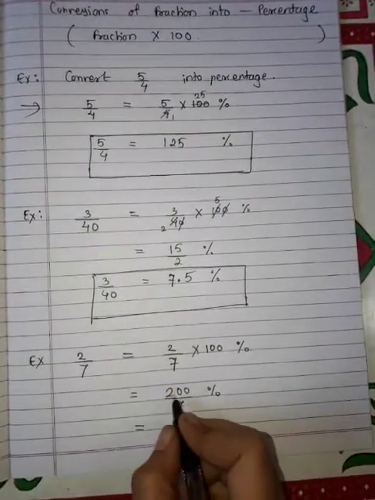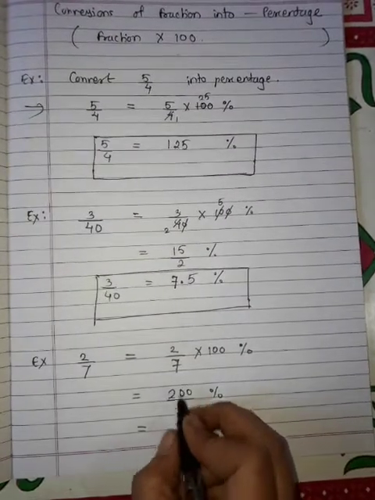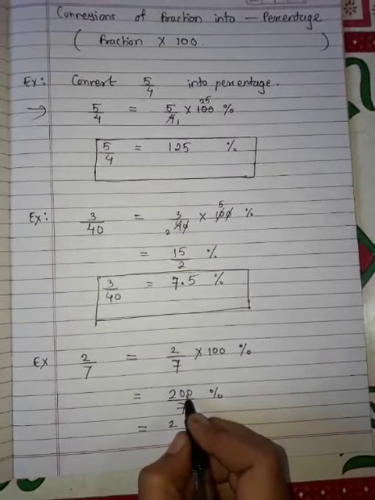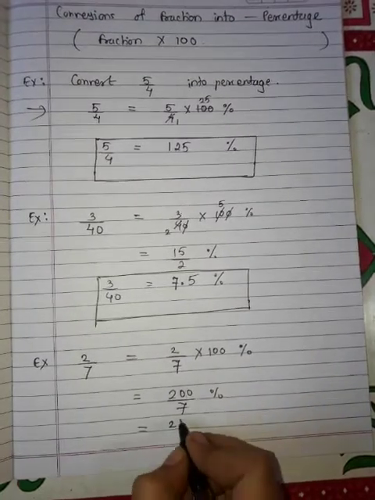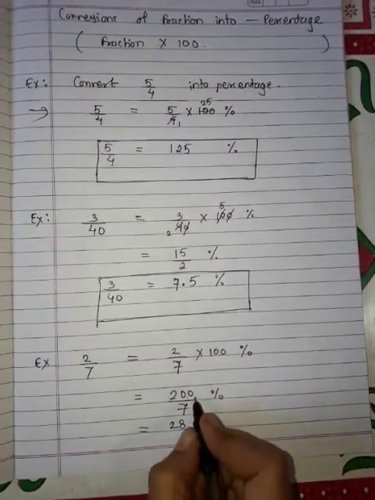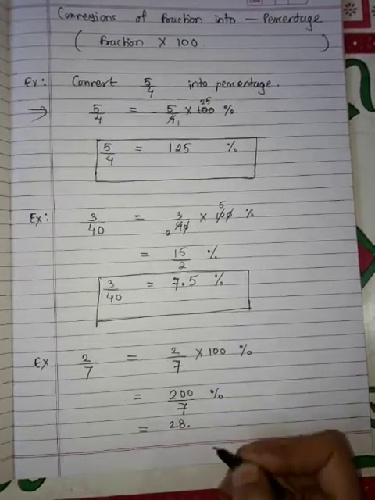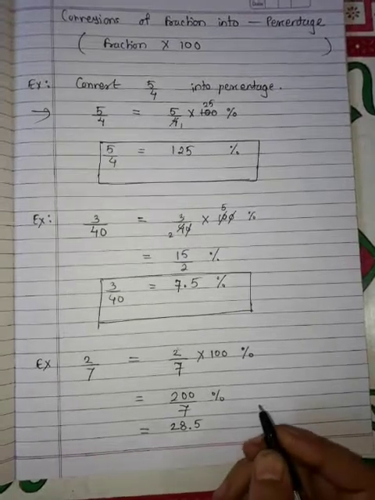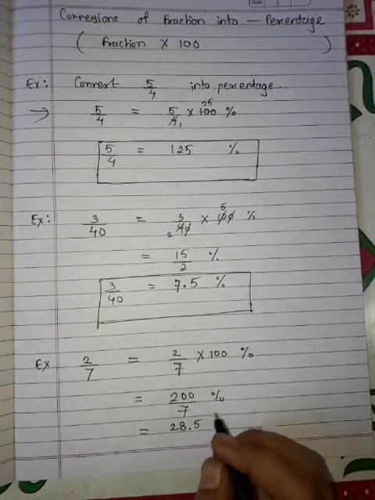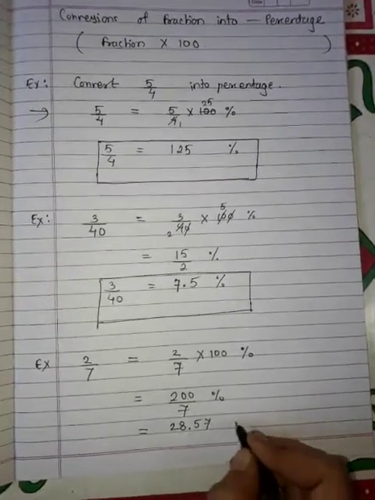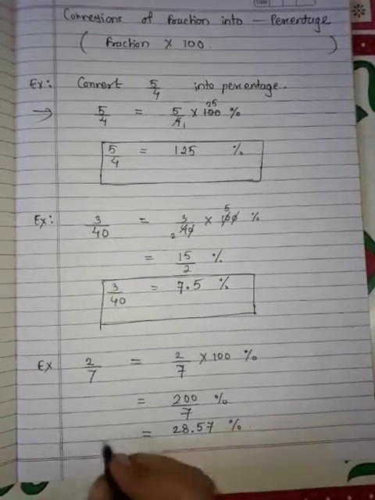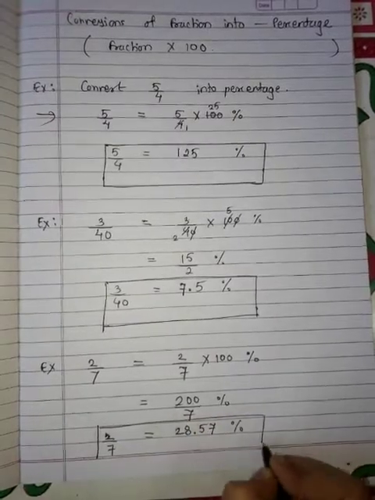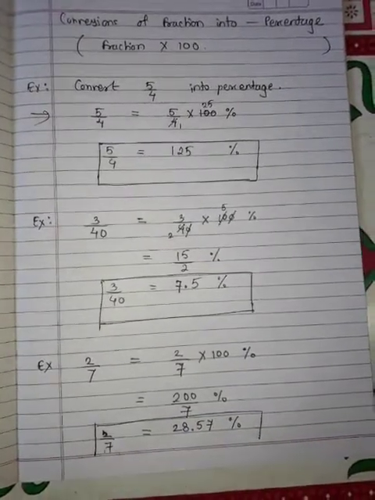Again we have to calculate. 200 by 7 means what? 7 2s are 14, remainder is 6. 7 8s are 56, remainder is 4. 7 5s are 35, remainder is 5. And 7 7s are 49. So you can go up to 2 decimal places. So 2 by 7 means 28.57%.